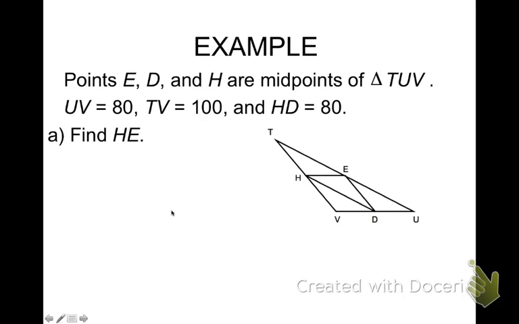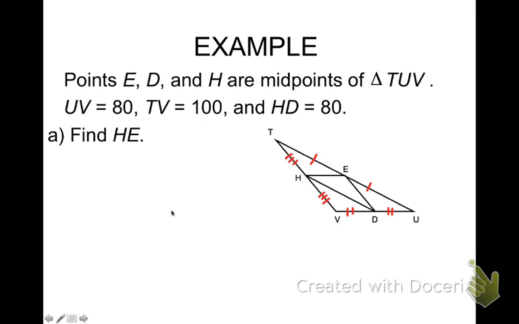So if E is a midpoint, that means TE and EU are the same. If D is a midpoint, that means that VD and UD are the same. If H is a midpoint, then TH and HV are the same, right? So that's all the information I'm getting just from them being midpoints.